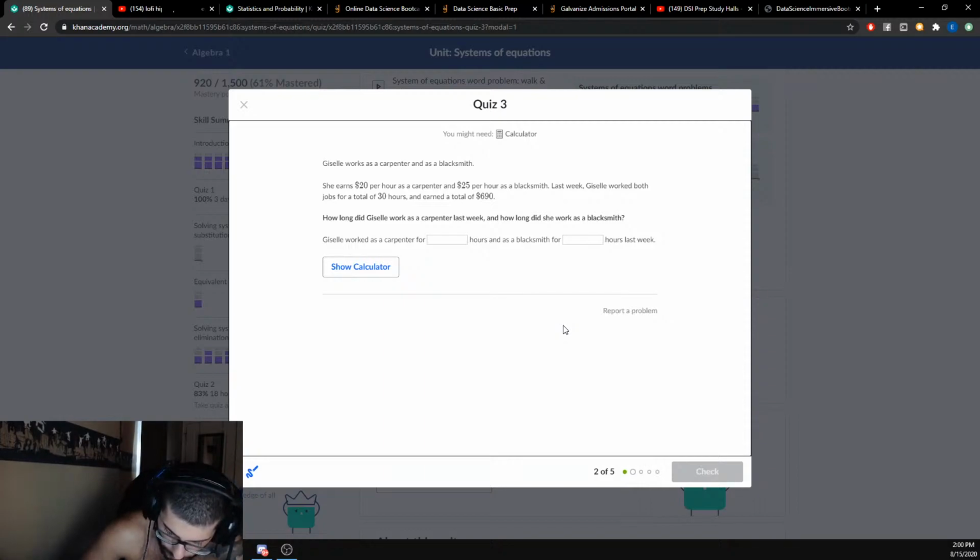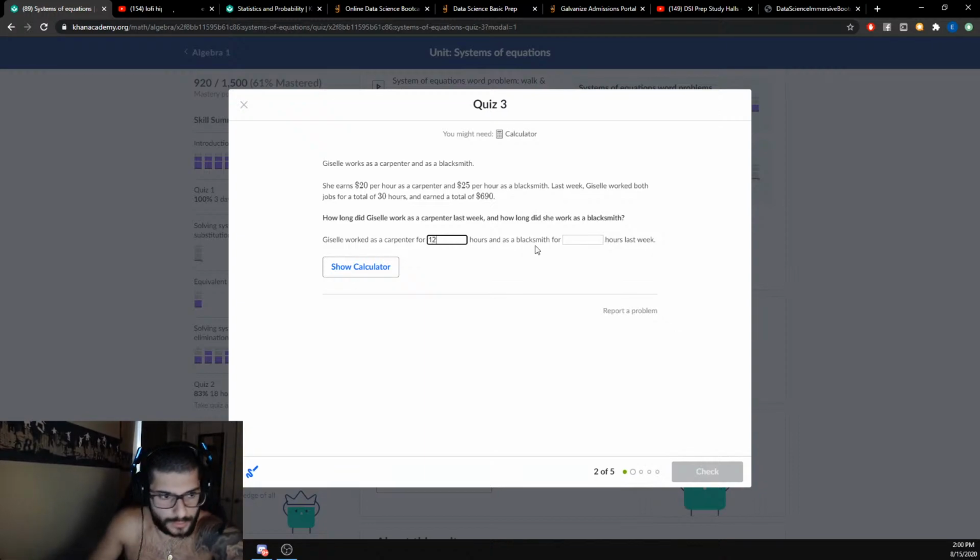Yep. So y equals 18. Put that in. 30 minus 18, x equals 12. So carpenter, 12, blacksmith, 18.